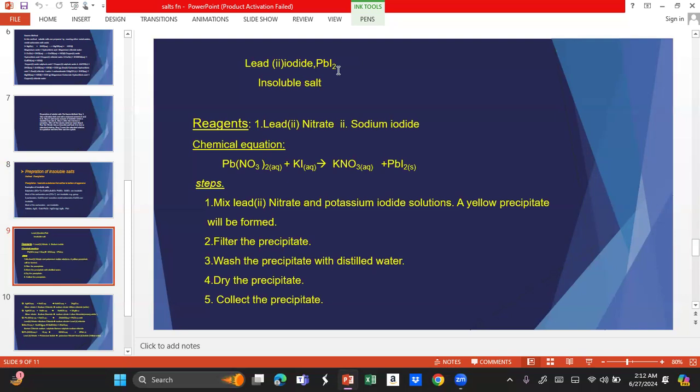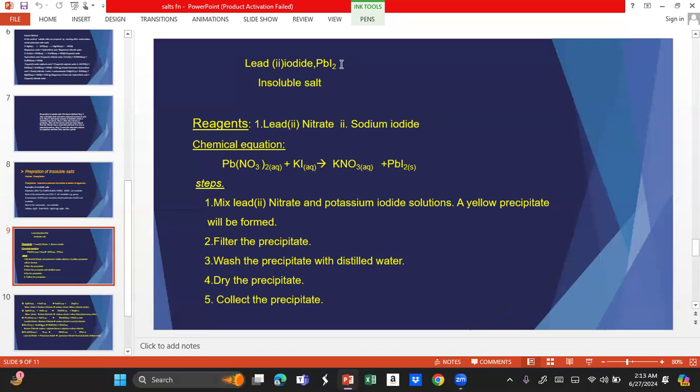At the same time, you must keep in mind we have to take two salts which are soluble. When you know the table of solubility, it will be very easy for you. Since all nitrates are soluble, I will take the nitrate of lead, that is Pb(NO3)2. Similarly, for iodide, I will go to group 1, because I know that sodium chloride is a soluble salt, a very easy example.